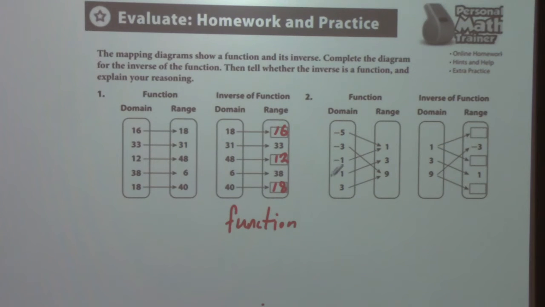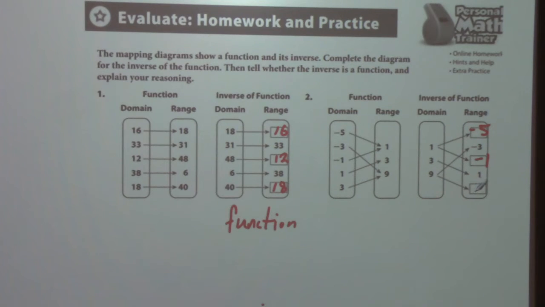Okay, and now for problem 2, what will we do to fill in the blanks here? So what's going to go here? -5? Okay, -5 goes here. -1.